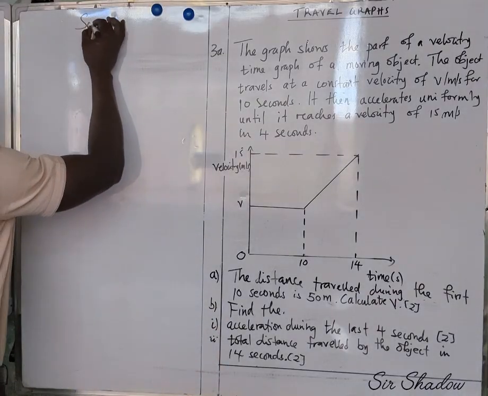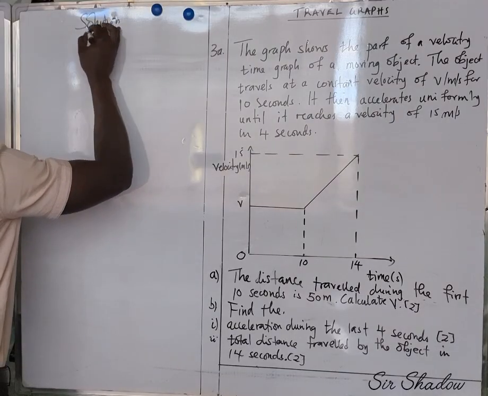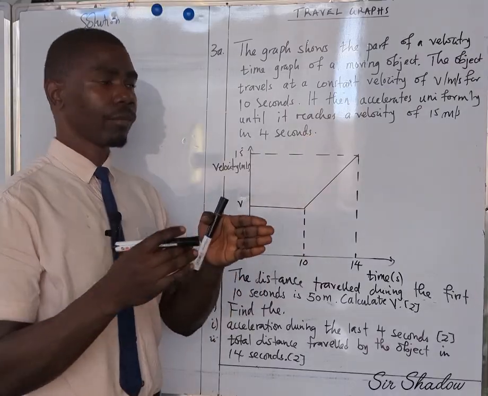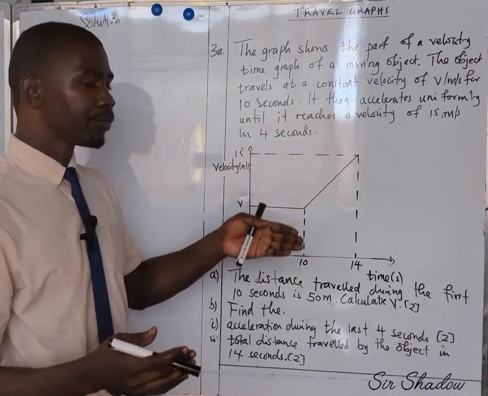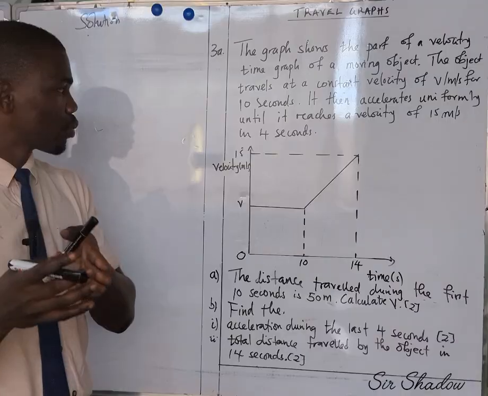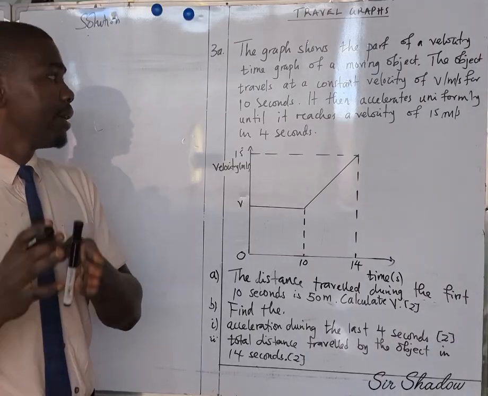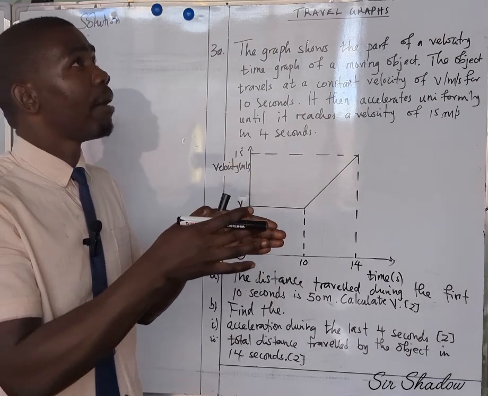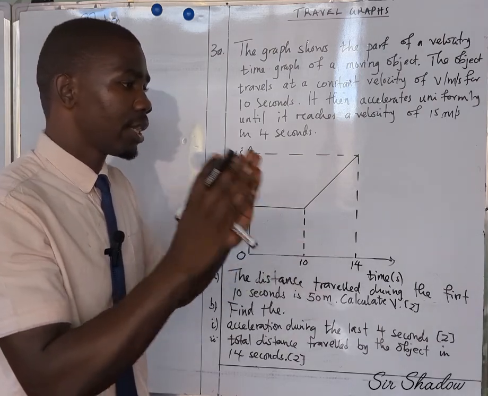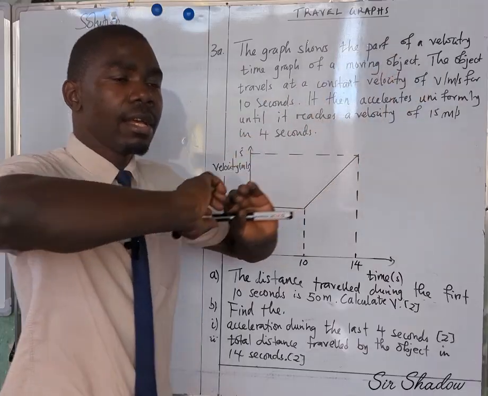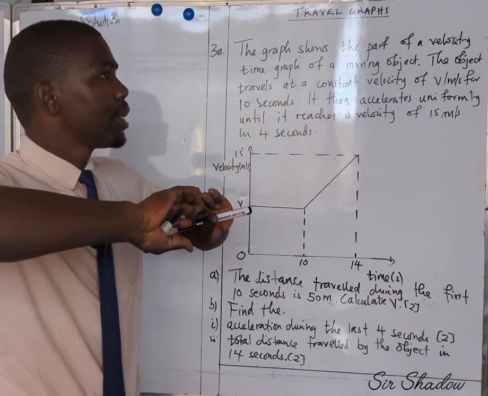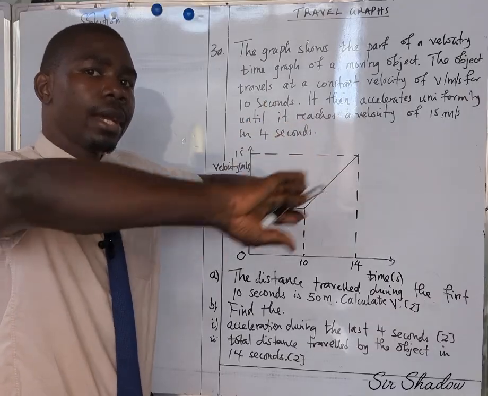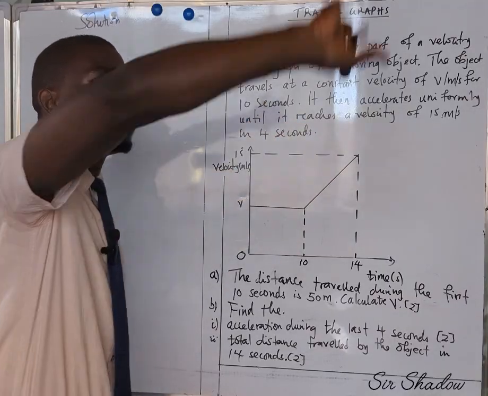Right. So for the solution, when dealing with these travel graphs, let me just give you the basics we are going to focus on. First of all, you have to know how to calculate the acceleration. Acceleration is the same as gradient. Just imagine the car is moving and it wants to climb a hill, moving upward.